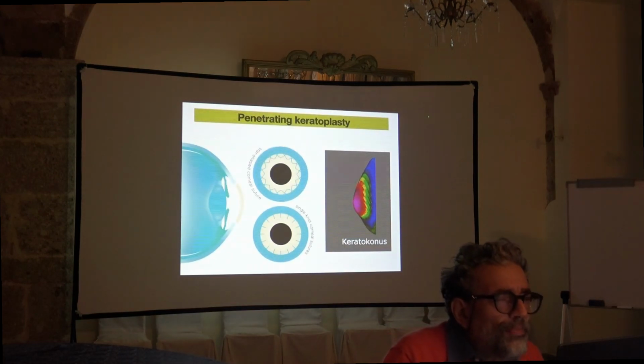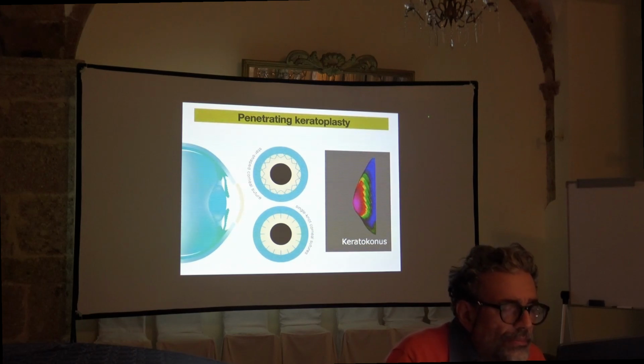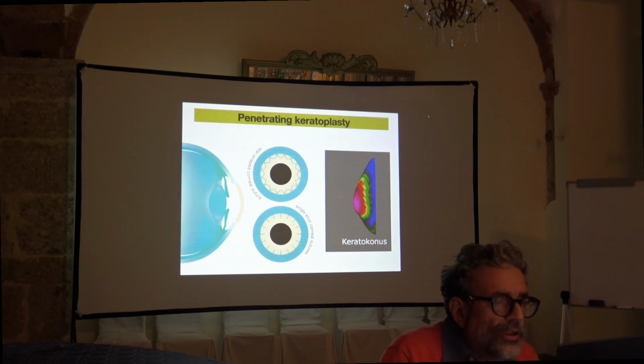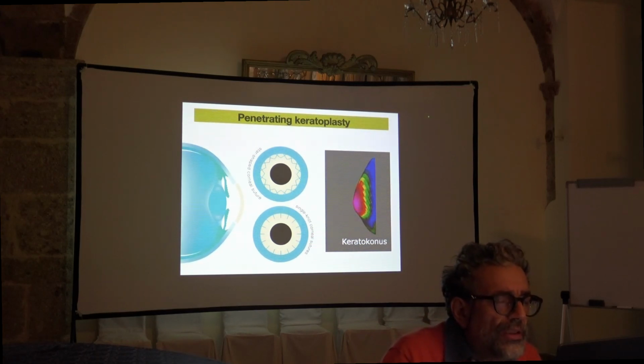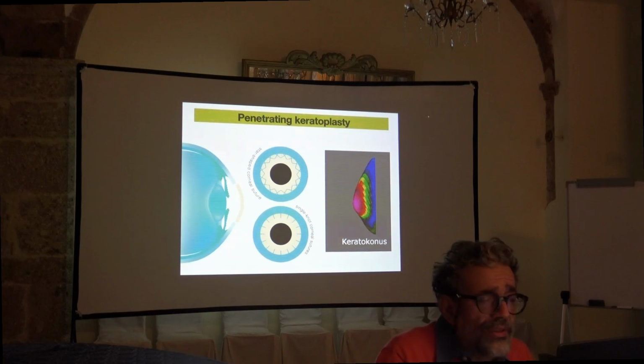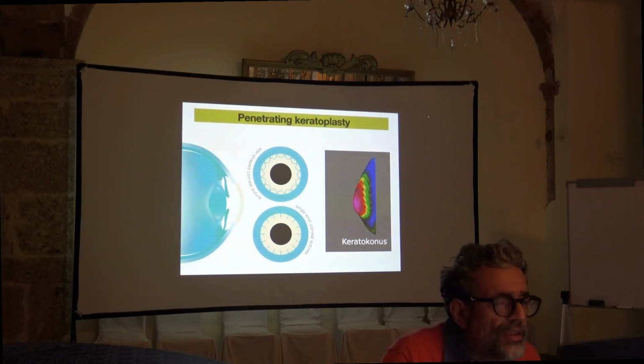Okay, what is penetrating keratoplasty? You take the inner part of the cornea and you cut a donor's, of course a dead eye. This has to be done in the first 15 minutes because after half an hour, after some time, the cornea is completely lost.